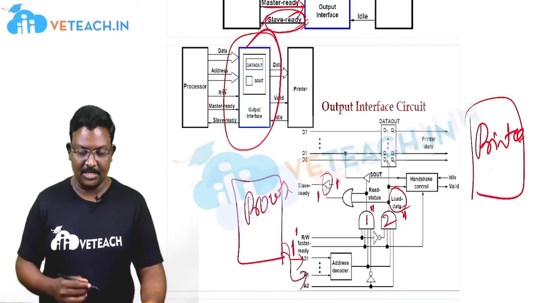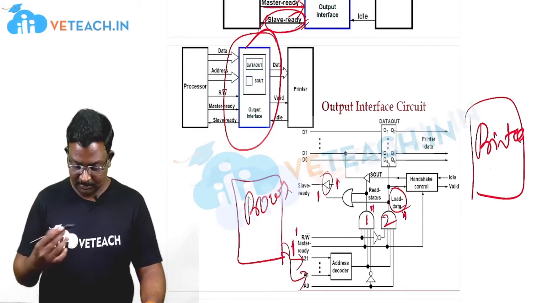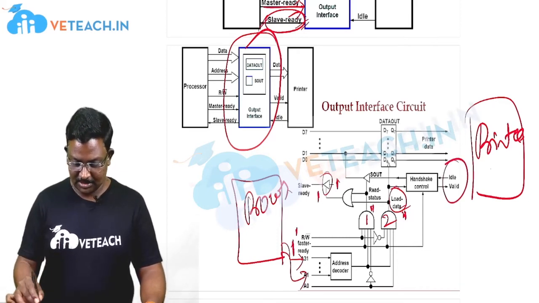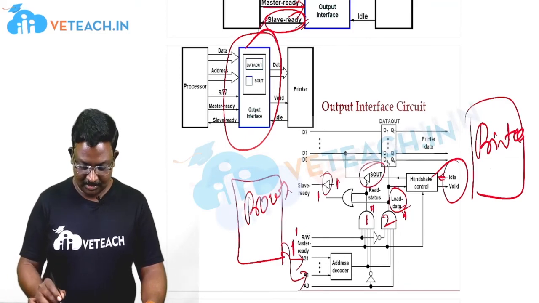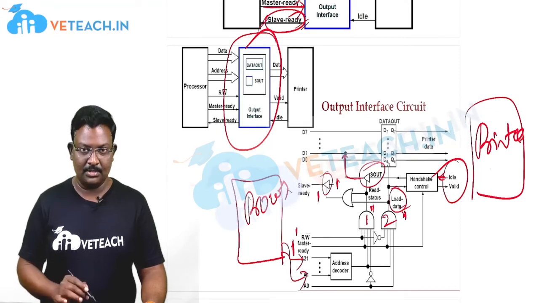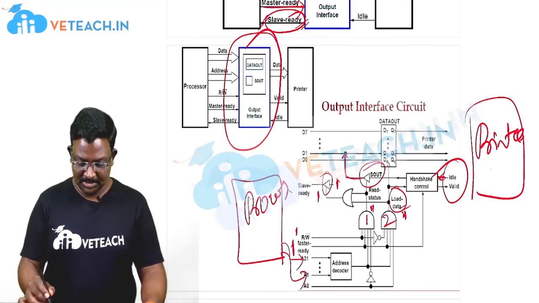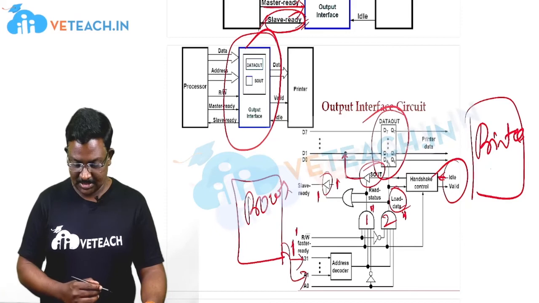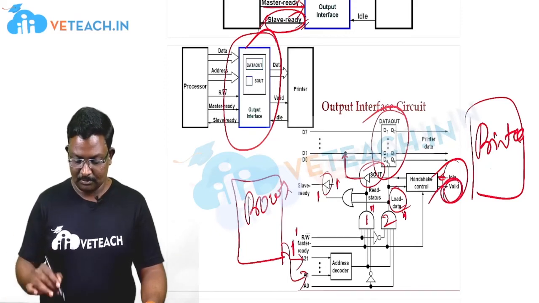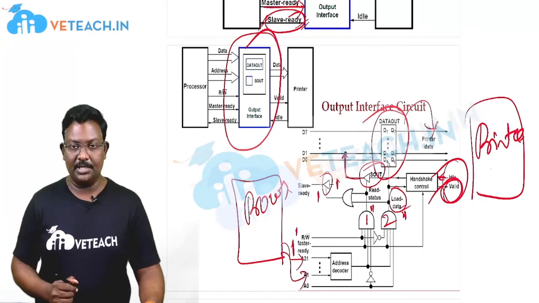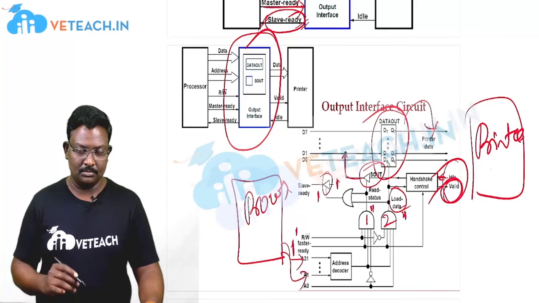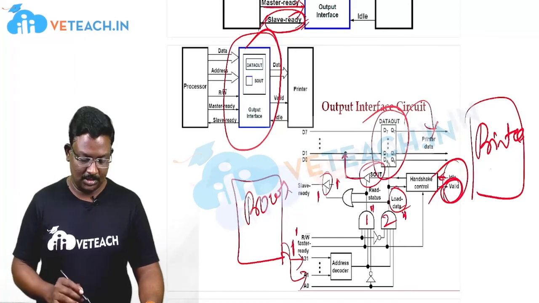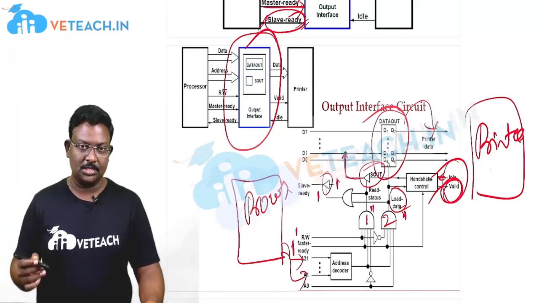So the slave is ready now, and we perform the data transfer. We check whether it is idle or not, and according to this S out signal we place the data from the data lines onto the data out register, and only if it is valid data do we perform the printing operation. This is what we perform when using the output interface circuit.